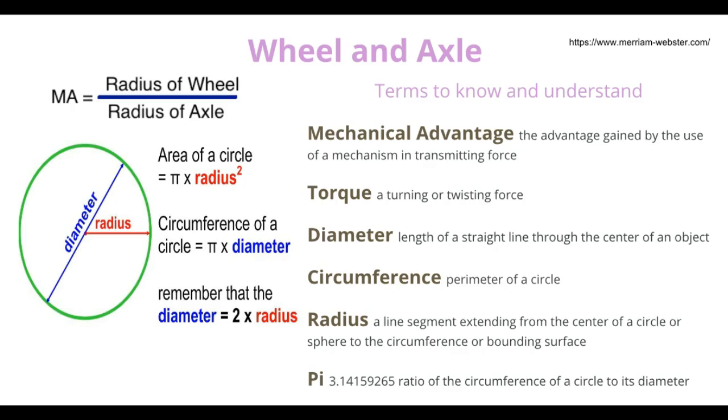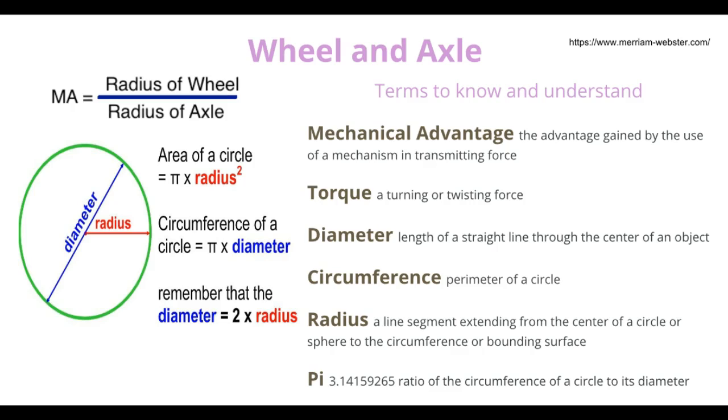So if you look over here to the left, we have an example that's going to help you to understand how to actually get the mechanical advantage of different objects. If you want to increase your mechanical advantage, this is how you would go through and figure out what your mechanical advantage actually is. We're going to divide the radius of the wheel by the radius of the axle.